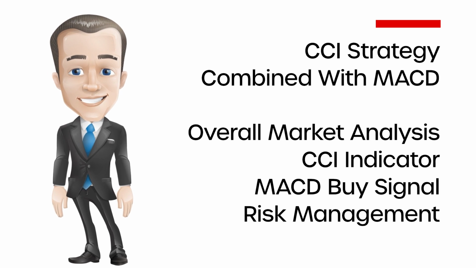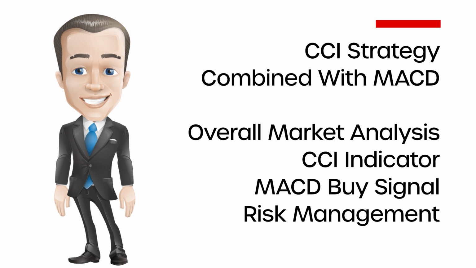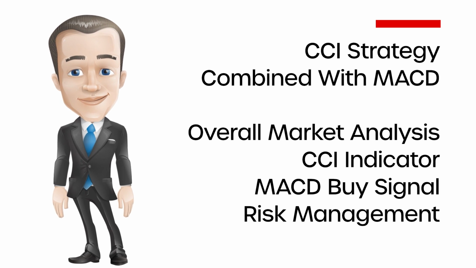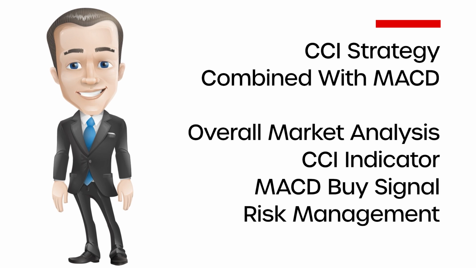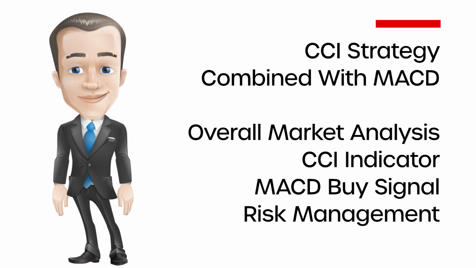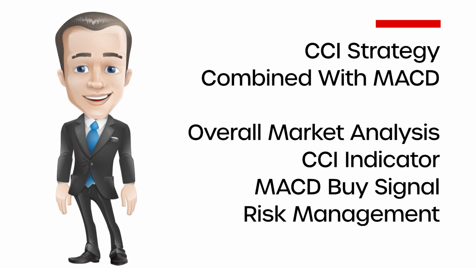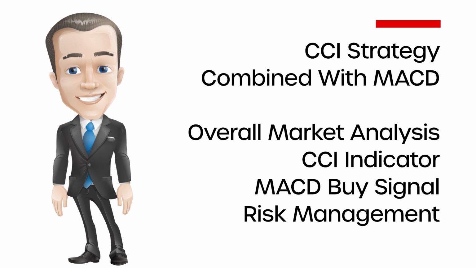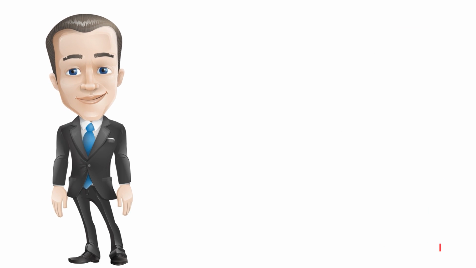Rule 2. CCI is a lookout to buy, not the trigger. Rule 3. MACD is the trigger. Initial breakout is the best time to start the system. Protect your profits and always use stop losses.